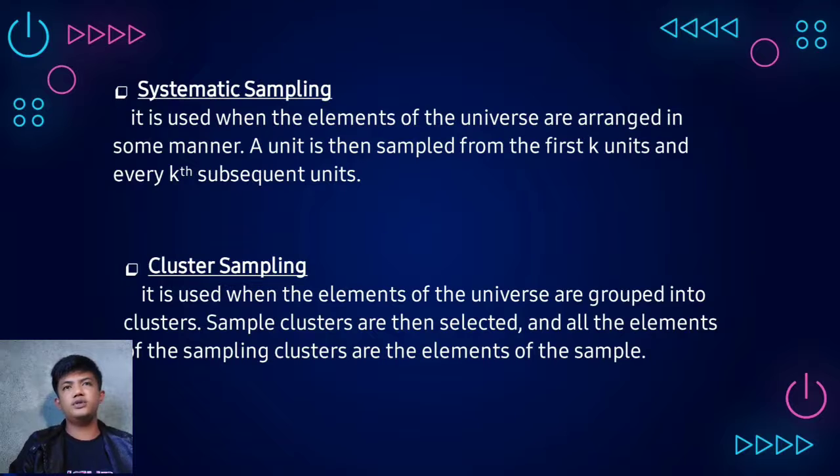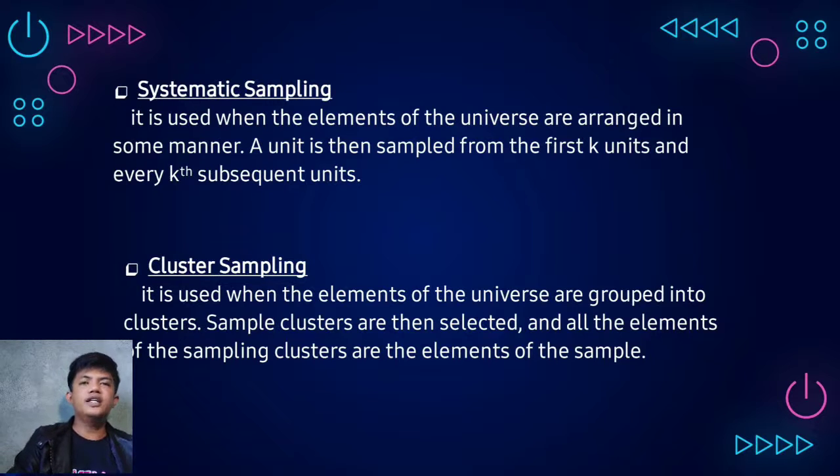A unit is then sampled from the first k units and every kth subsequent unit. Then the cluster sampling is used when the elements of the universe are grouped into clusters, meaning the divisions. Sample clusters are then selected, and all the elements of the sampling cluster are elements of the sample.